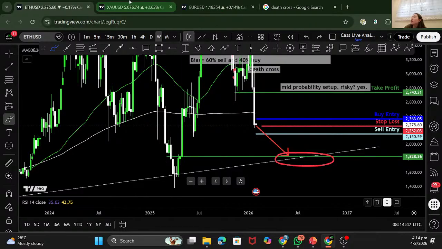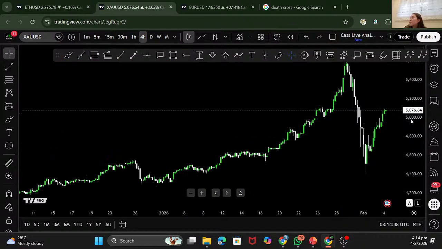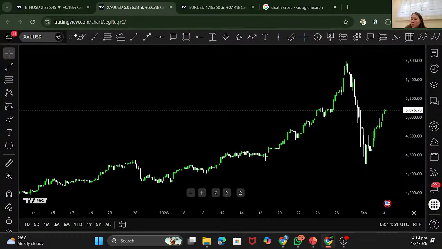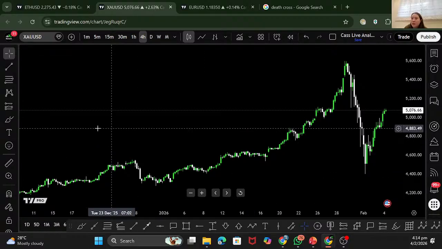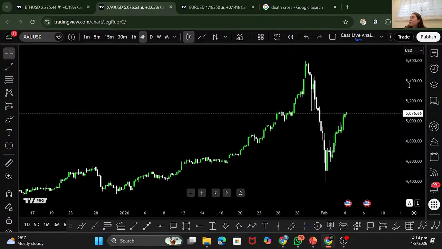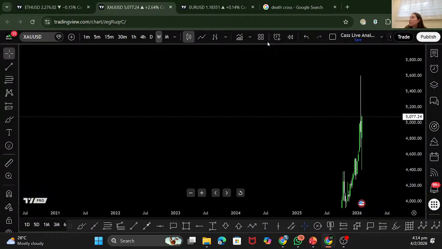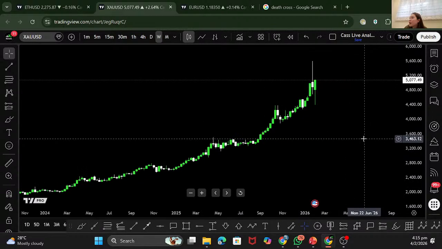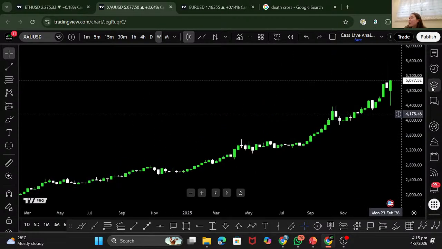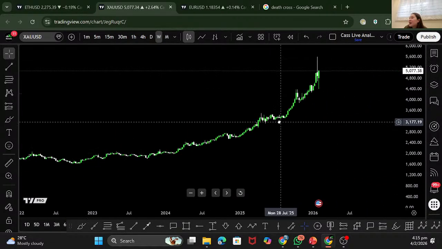Okay, so let's move on to the next trade, which is gold. Gold is always moving up. It doesn't go anywhere other than up.